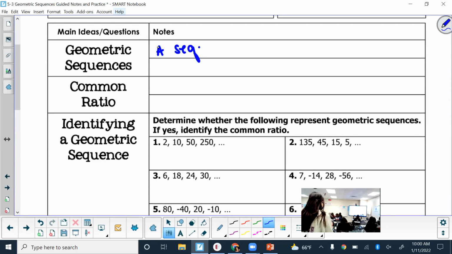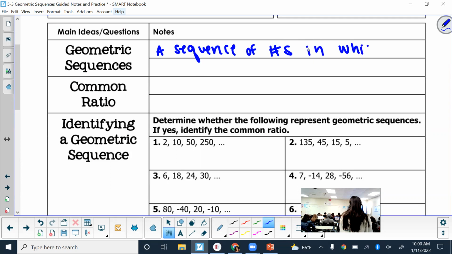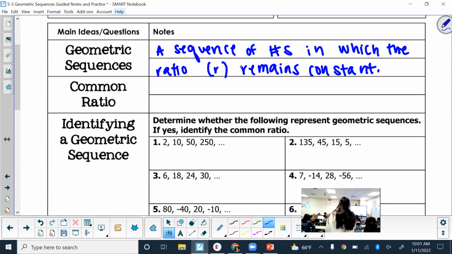All right, a sequence of numbers in which the ratio, known as R, remains constant.